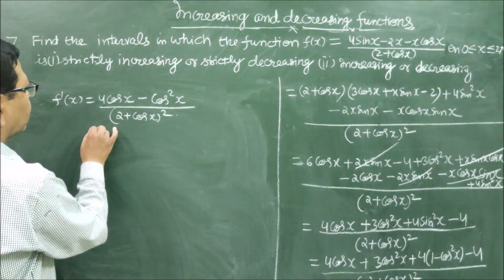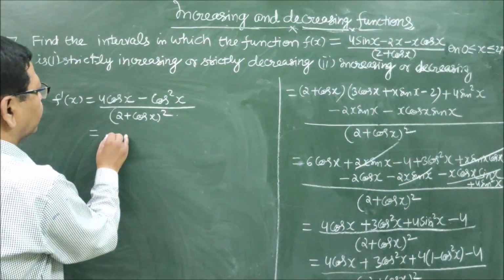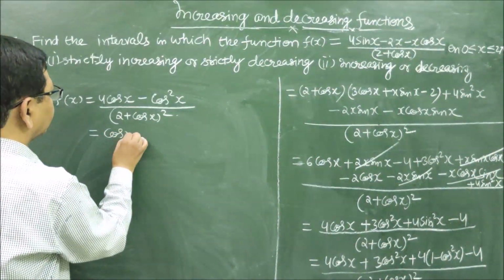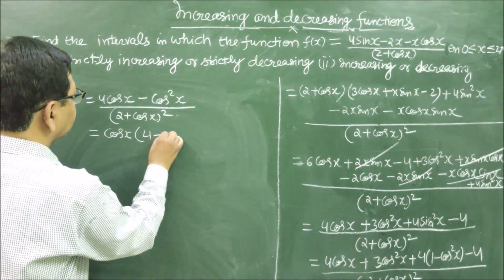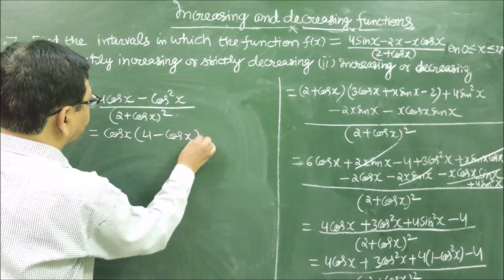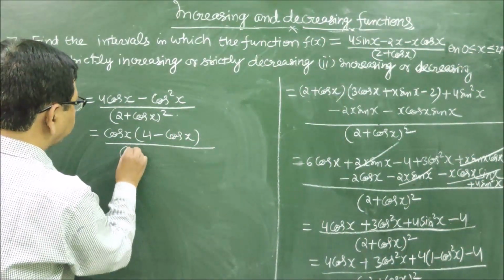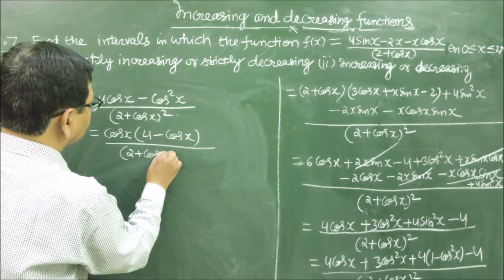So this is equal to, if we take cos x common, cos x (4 − cos x) upon (2 + cos x) whole square.